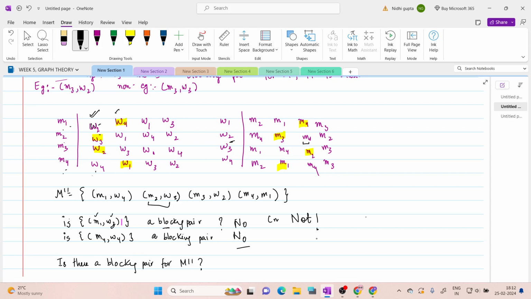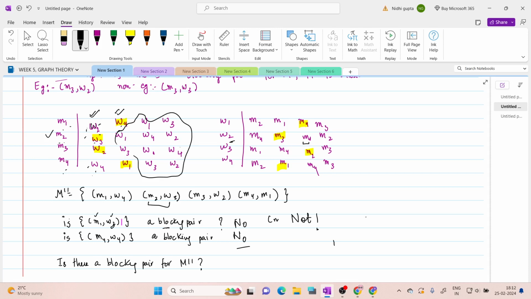We see that there will be no other blocking pairs, because if we look at any other pair, the men won't be happy, because they are already getting their preferences. M2 is already getting W3, his first preference, so with any other woman M2 won't be happy.